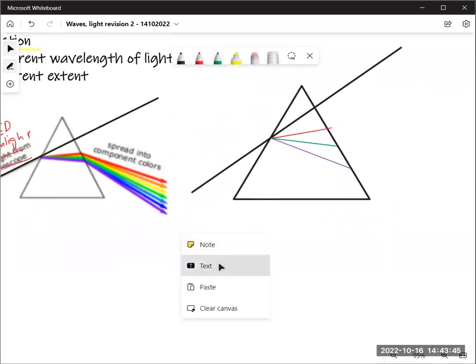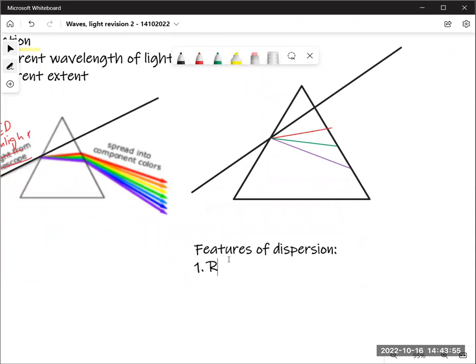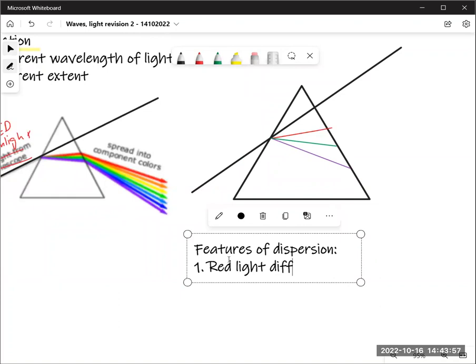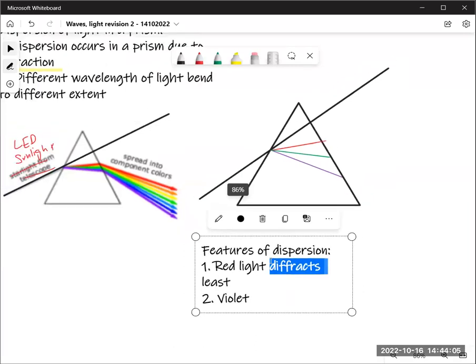Let's write it down. Features of dispersion. Red light bends least. Do we draw that violet in the prism? No, you don't have to draw it. Write this down only.